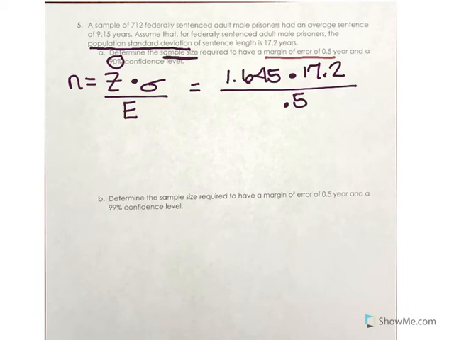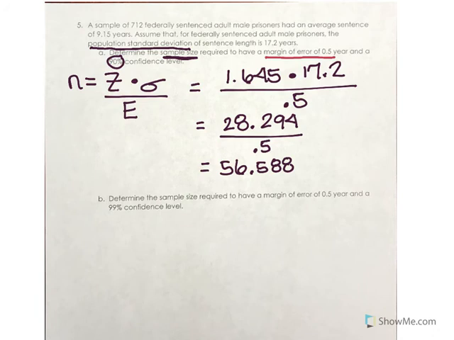So we're going to multiply and then divide. 1.645 times 17.2 would give you 28.294. Divided by 0.5, you would get 56.588.